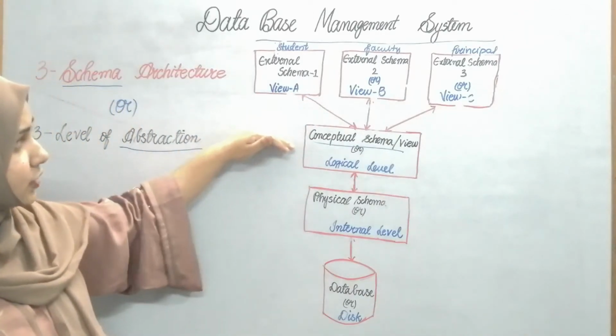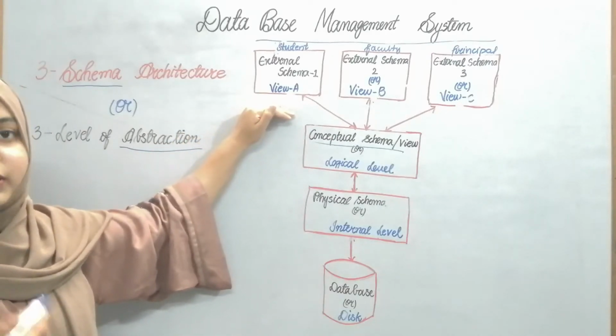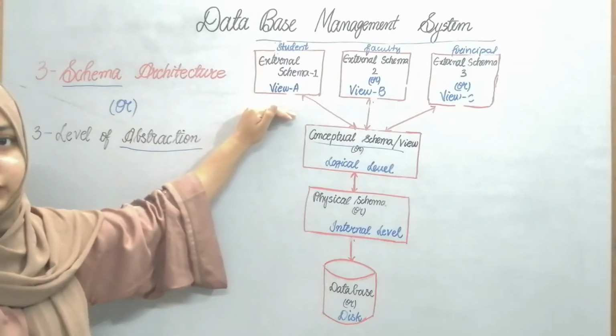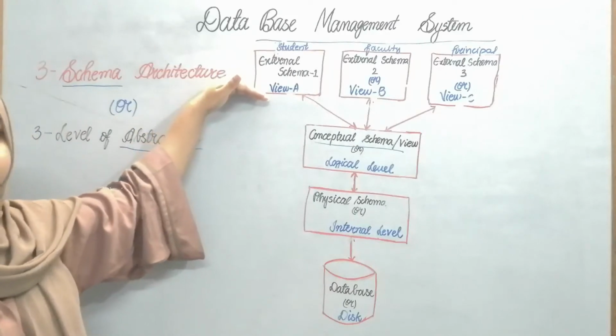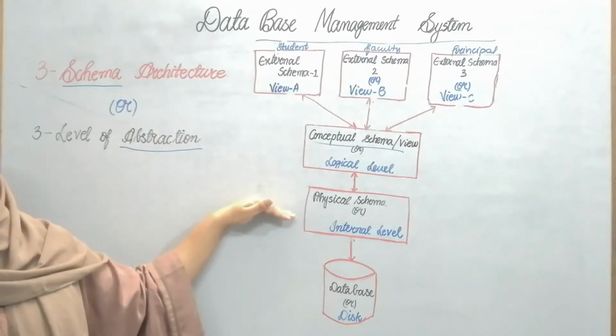It is connected with the external level to display the results of the queries, the user request. And also it is connected to the internal level to store the data.